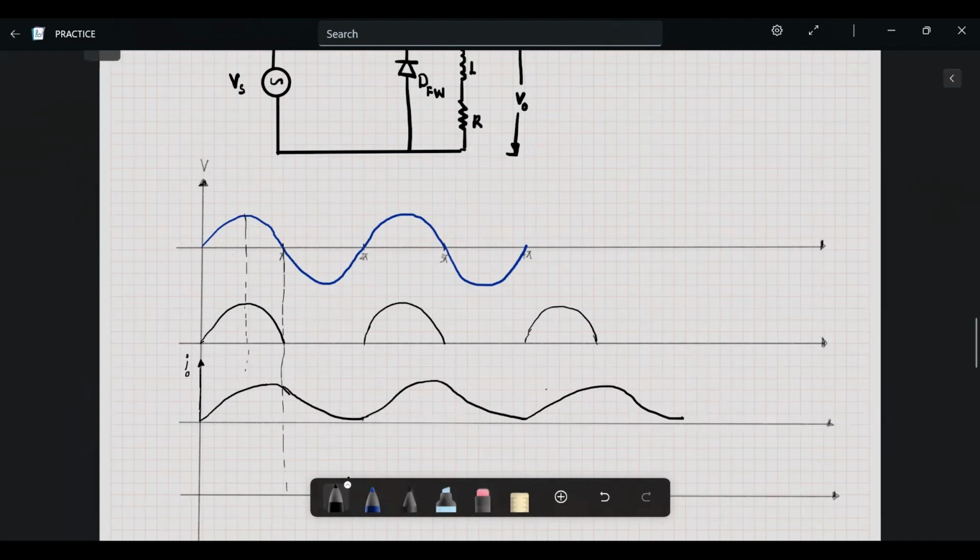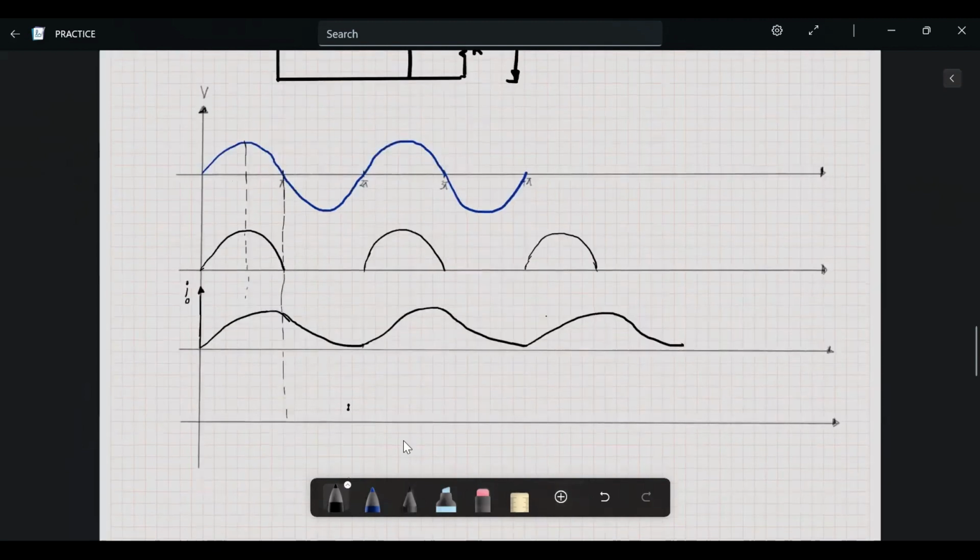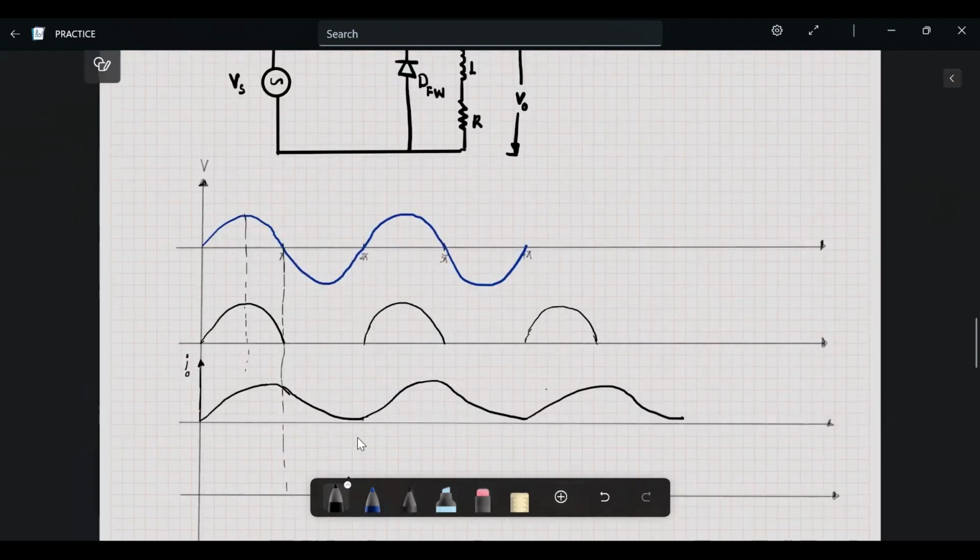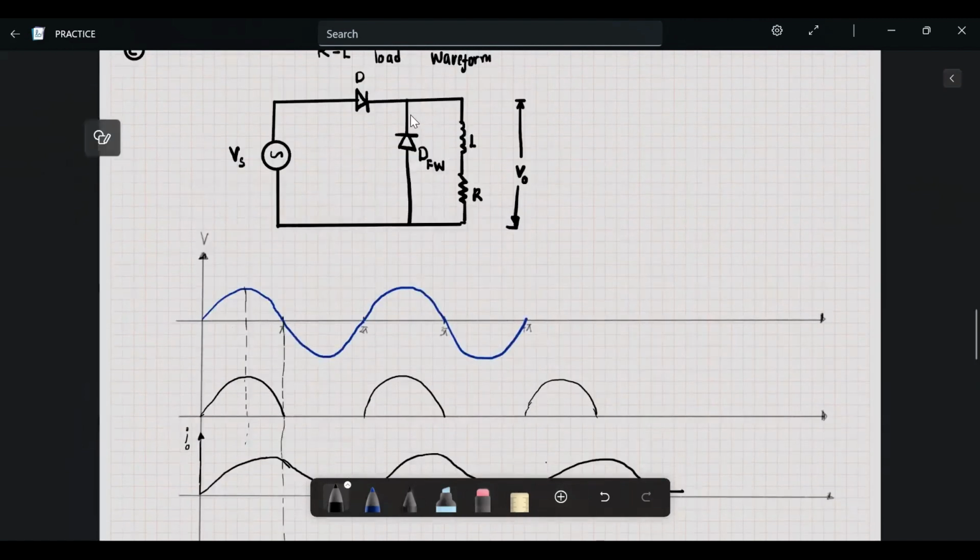Now let's look at, what do you think of the current across the freewheeling diode? This diode will only be conducting when what?